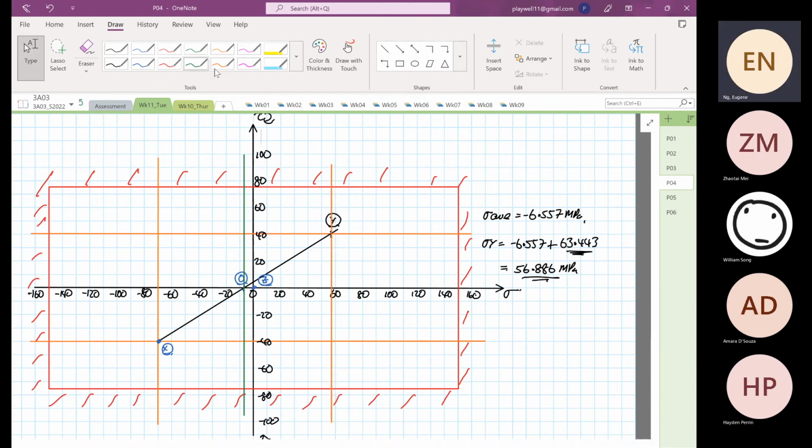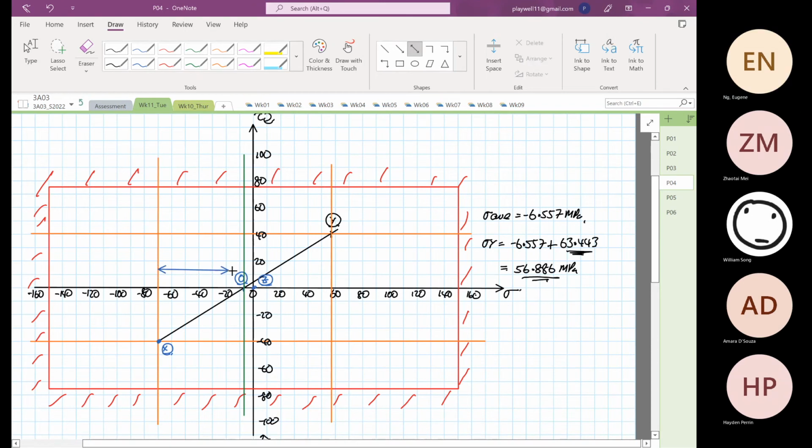This is because the distance from here to here is equal to our 63.443, and from the stress average, I'm just going to copy and paste. This distance is about the same.